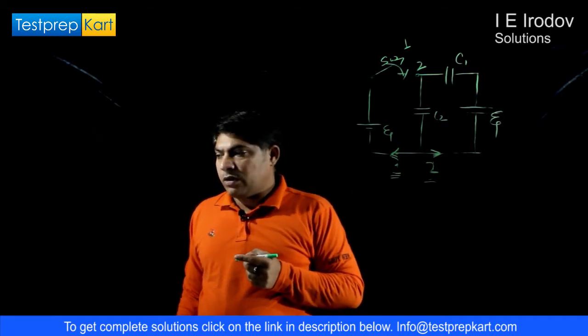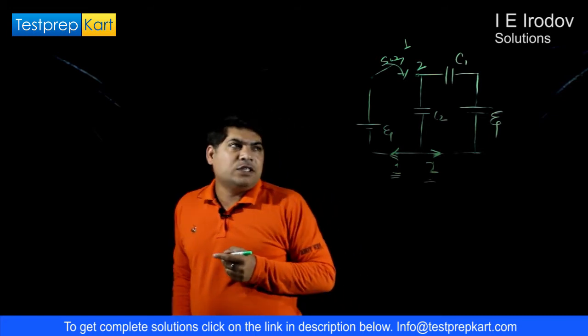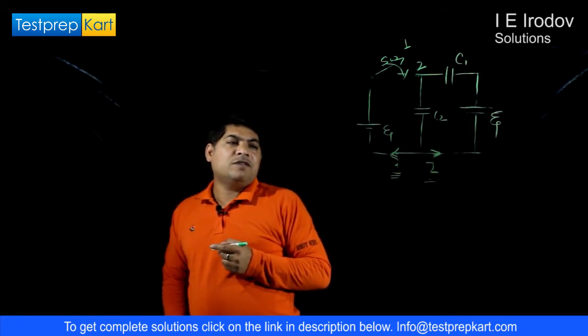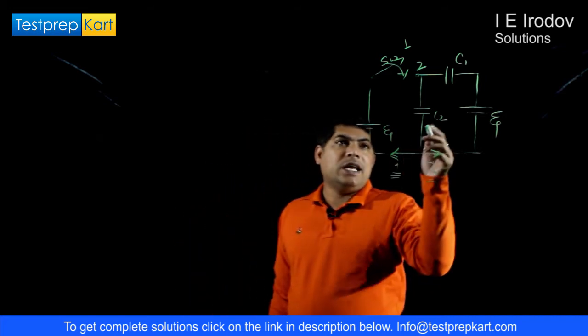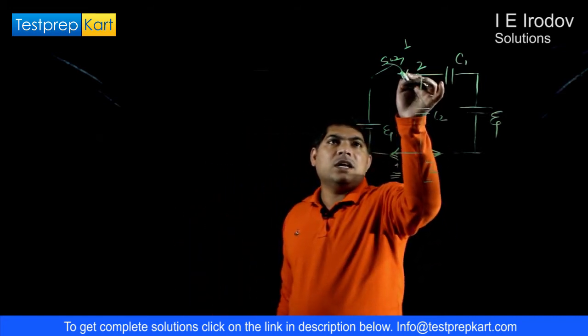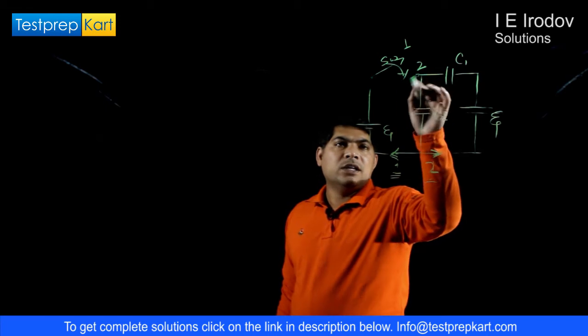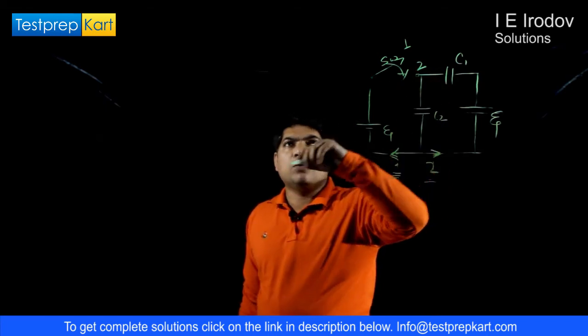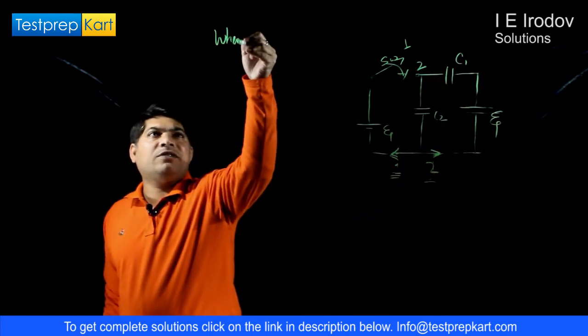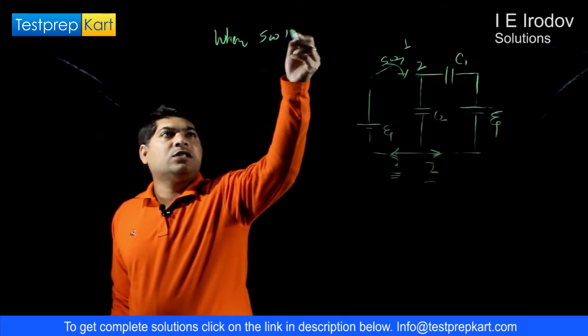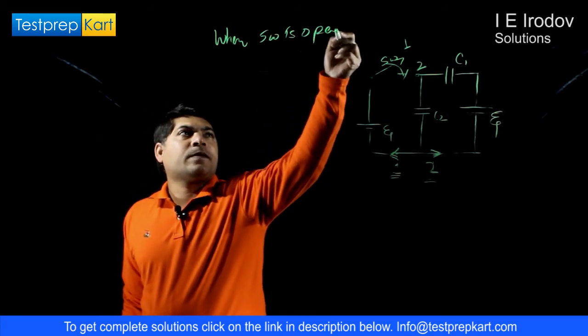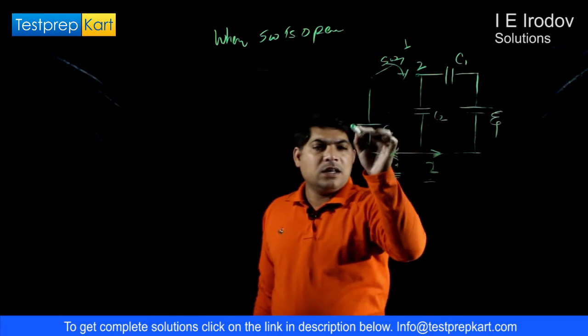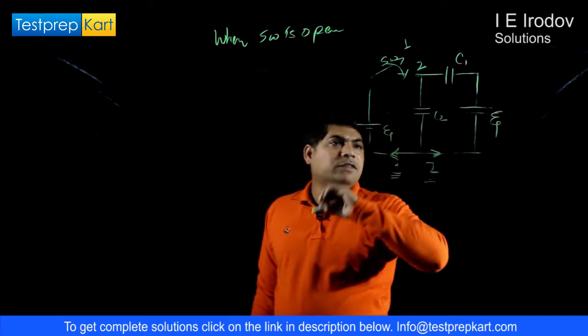So look, first we need to check the total amount of charge stored in this circuit when this switch is open. Let me mark the first condition, when the switch is open. This EMF is not part of the circuit.